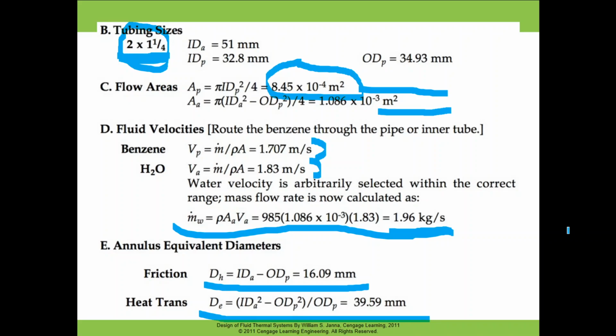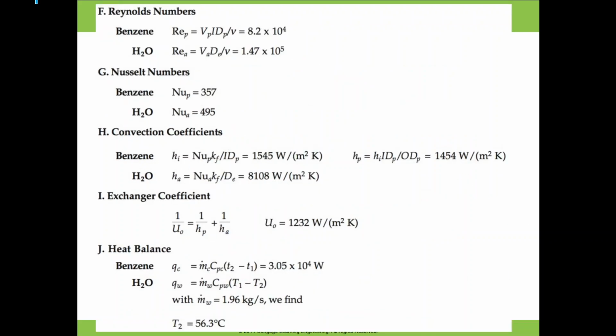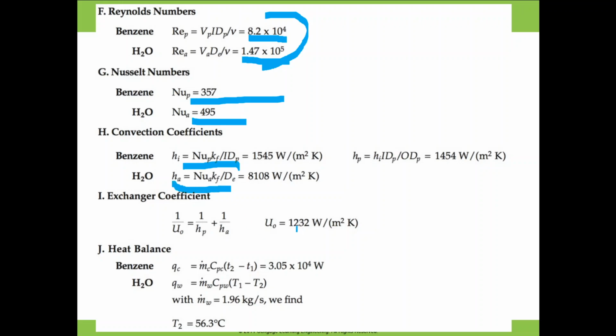Okay, so the next step is to calculate the hydraulic diameter and equivalent diameter for your heat exchanger. We are following the steps A, B, C, D, E, and the next step is to calculate the Reynolds number from the velocity and check whether it is laminar or turbulent. It is turbulent in both cases, so we use the turbulent correlations for the Nusselt number for both cases, and then find the inner side heat transfer coefficient and the annulus side heat transfer coefficient.